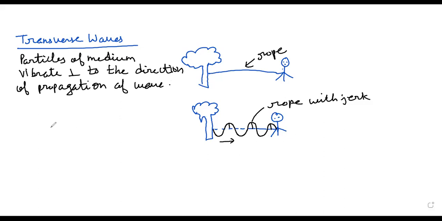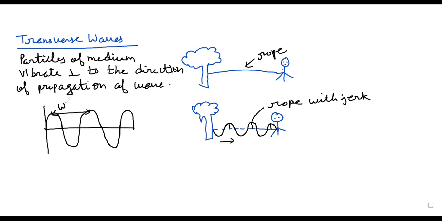Okay, now some terms related to this. As you can see, this kind of wave will be generated. The distance between these two points is called wavelength, the length of one wave. From here to here is one wave, and even if you take center to center, it covers one wave.